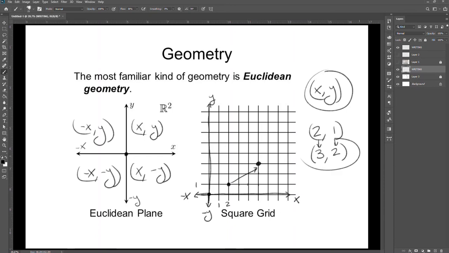But we mostly just use the movement coordinates. They're kind of acting like vectors in this worksheet. We're mostly just defining the movement coordinates.